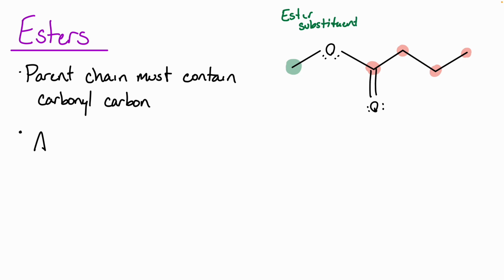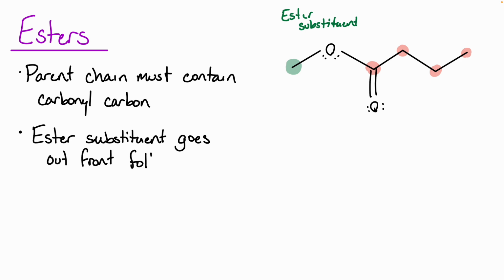And this will always go out front of the name, followed by a space. So it doesn't get run in with the rest of our parent chain like we're used to here. So that ester substituent goes out front, followed by a space. All right, I'm gonna make it a different color than my normal substituents.